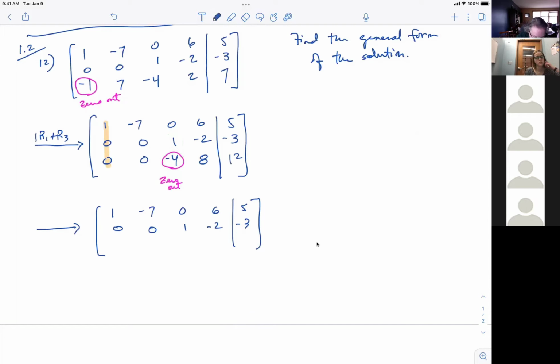And so clearly that's 4. So 4 times row 2 plus row 3. And I get 0, 0, 0. And then what? I got 4 times -2 is -8 plus 8 is 0. And 4 times -3 is -12 plus 12 is also 0. All right.